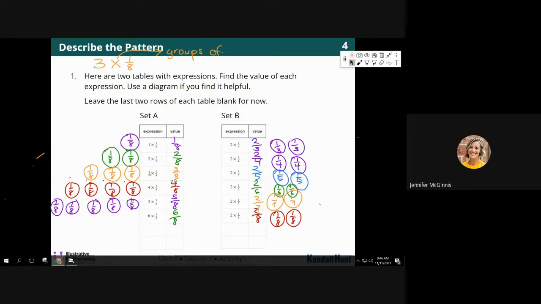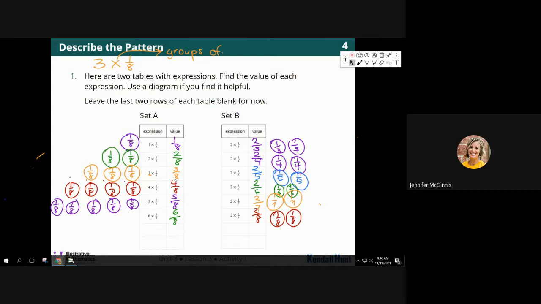Class? Raise your hand if you said in your group somewhere something along the lines of this: the whole number in each expression is only being multiplied by the numerator of each fraction.